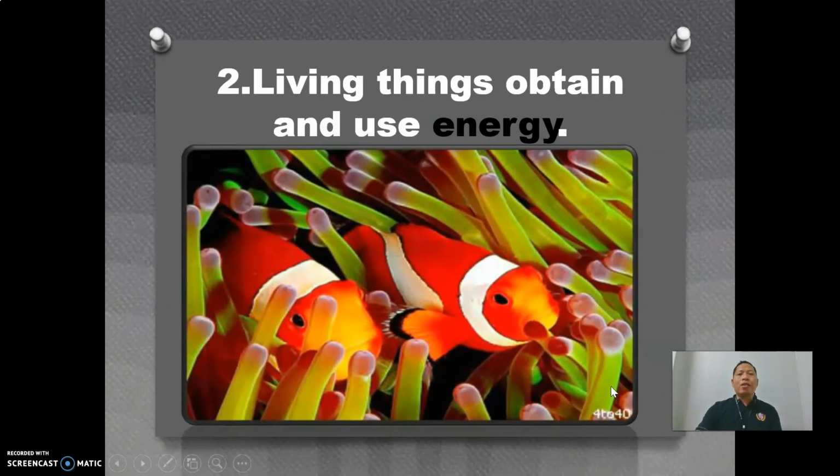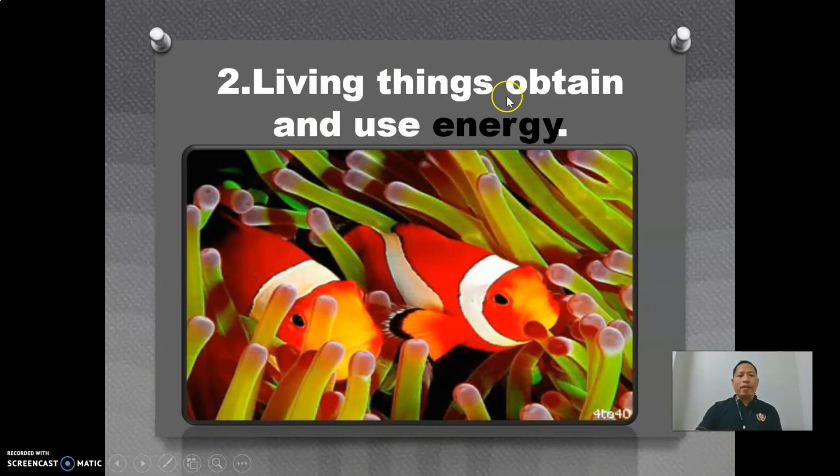Let's proceed to number 2. Living things obtain and use energy. So these are clownfish. You can see these clownfish underneath the sea. And these fish use energy to hide in this area.